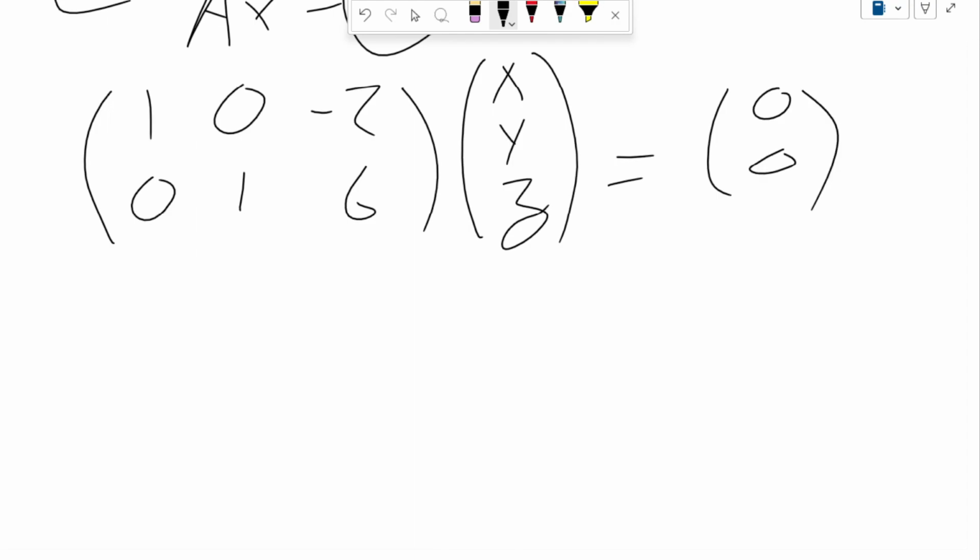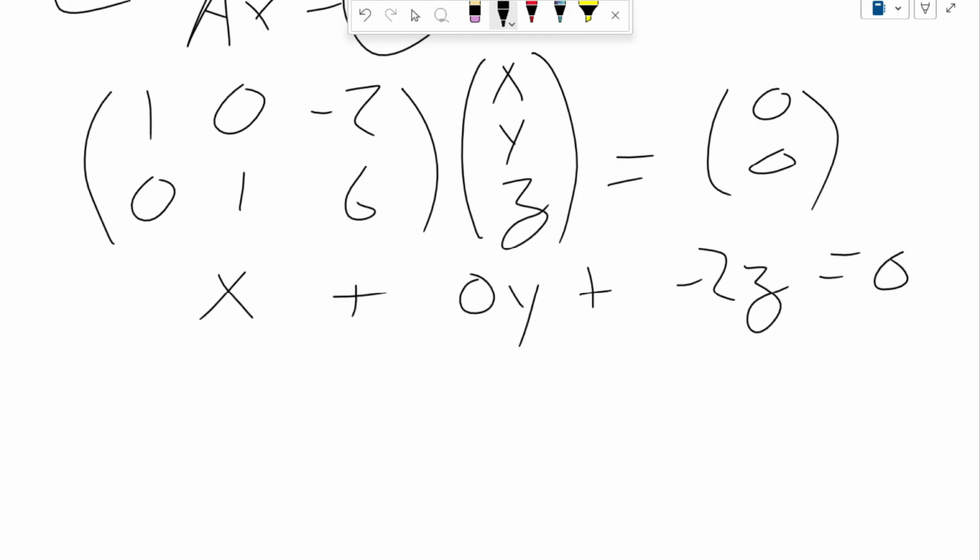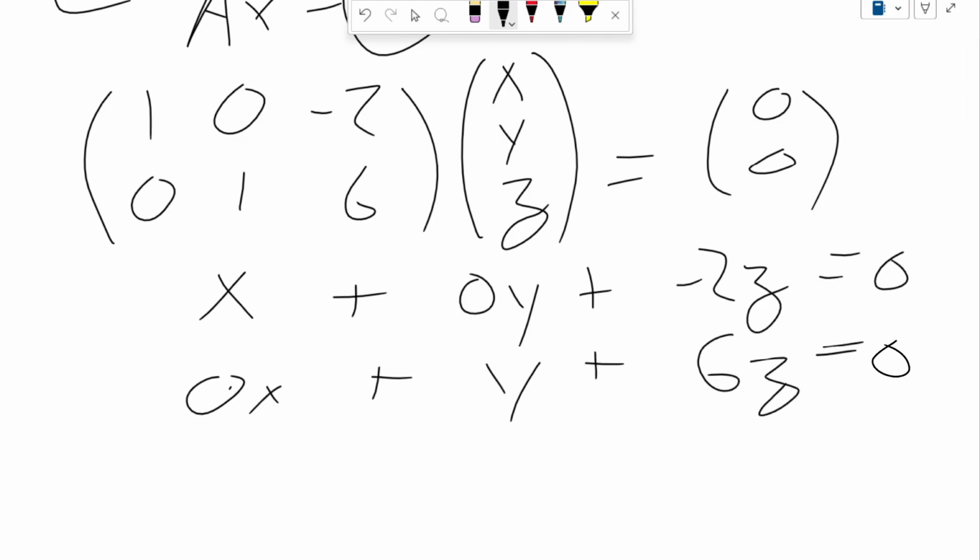We multiply this out, we get x plus 0y plus negative 2z equals 0. We get 0x plus y plus 6z equals 0.